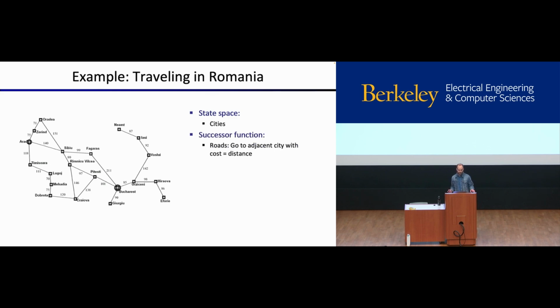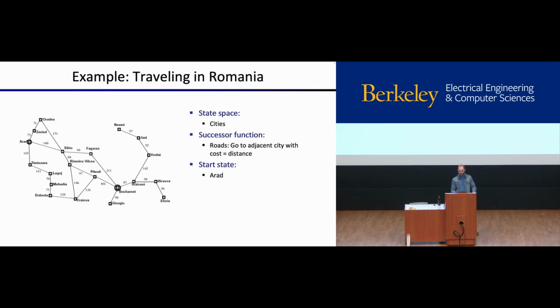The successor function is you pick a road to go on, and there's the cost that you get for taking that road, and then it outputs the city that you end up in. So rather than the state space being every possible configuration the real world could be in, the state space is just what city are you in. Then all you need for the successor function is how actions change which city you're in.